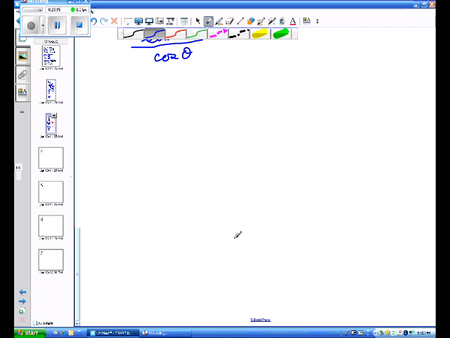If we have one more, let's do an addition problem. So we've got cosine theta over sine theta plus sine theta over cosine theta. We need a common denominator. Well, it's going to be sine times cosine.